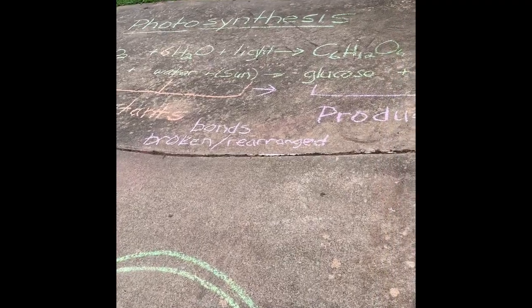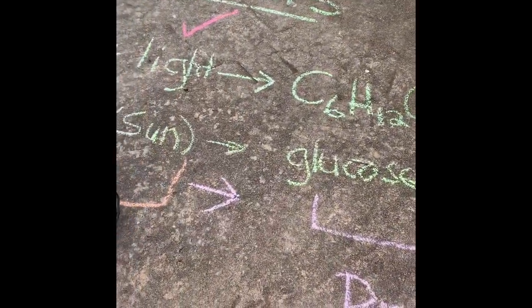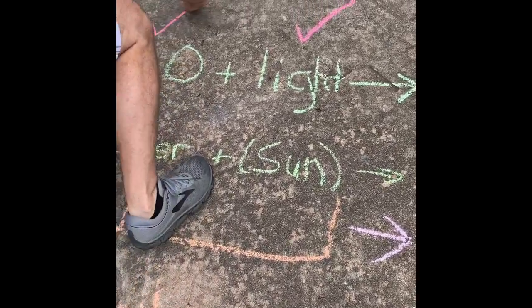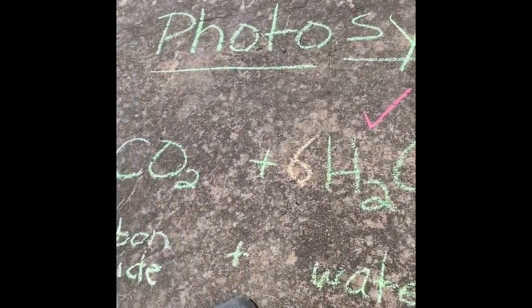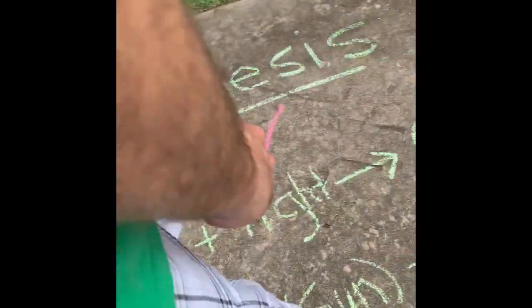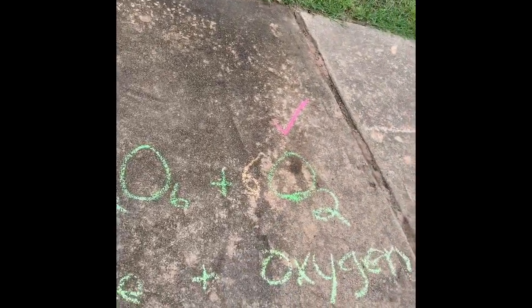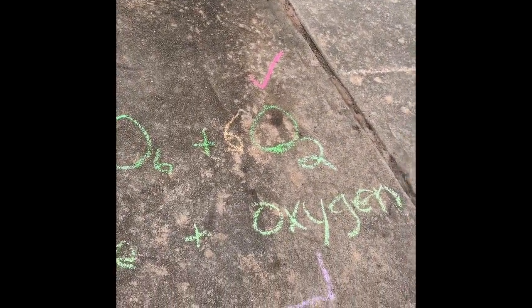Okay? So if we look at our general equation for photosynthesis over here, we've already knocked out half of it. We had light, we had water absorbed by the leaf, by the plant, into the chloroplast where it could be used, and the light split the water into oxygen. So we've already taken care of those couple of components.